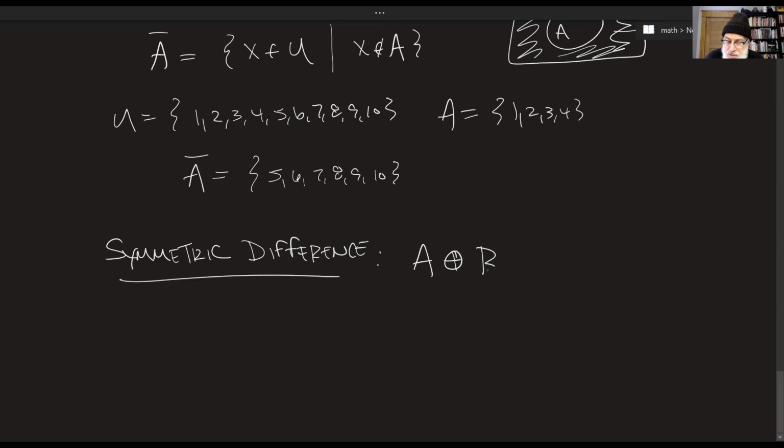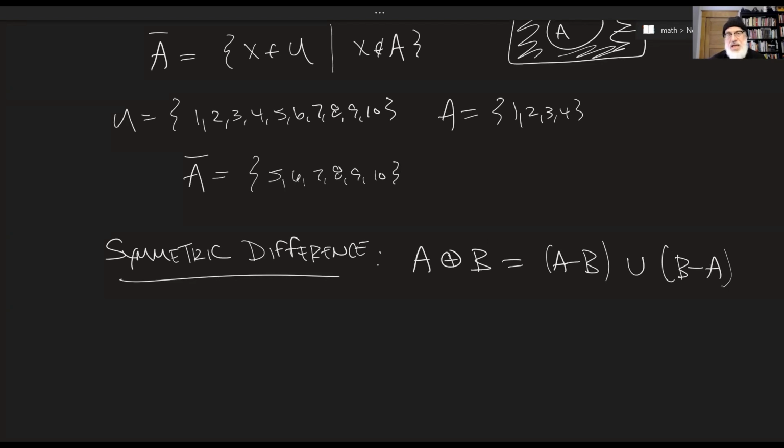So this notation, I like this notation. It reminds me of the zodiac symbol. So we're defining the symmetric difference, this little symbol with a circle with a plus in it, as A not B union B not A. So you might ask, that's a very weird way to define a set, right?